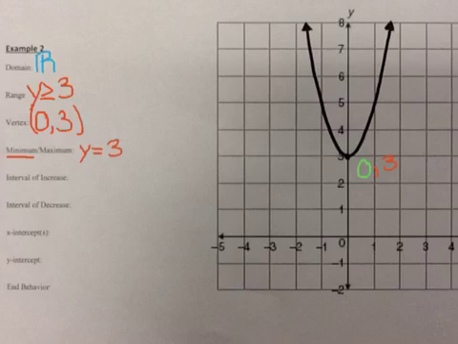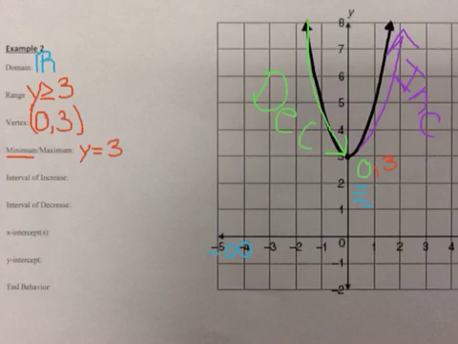So let's do our interval of increase and decrease. So, look in here. Our graph is going down. So it's decreasing on this side. Then on the other side it's going up. So it's increasing. So remember, we're talking about x values here. So from negative infinity to that x coordinate of the vertex right here, our graph is decreasing.